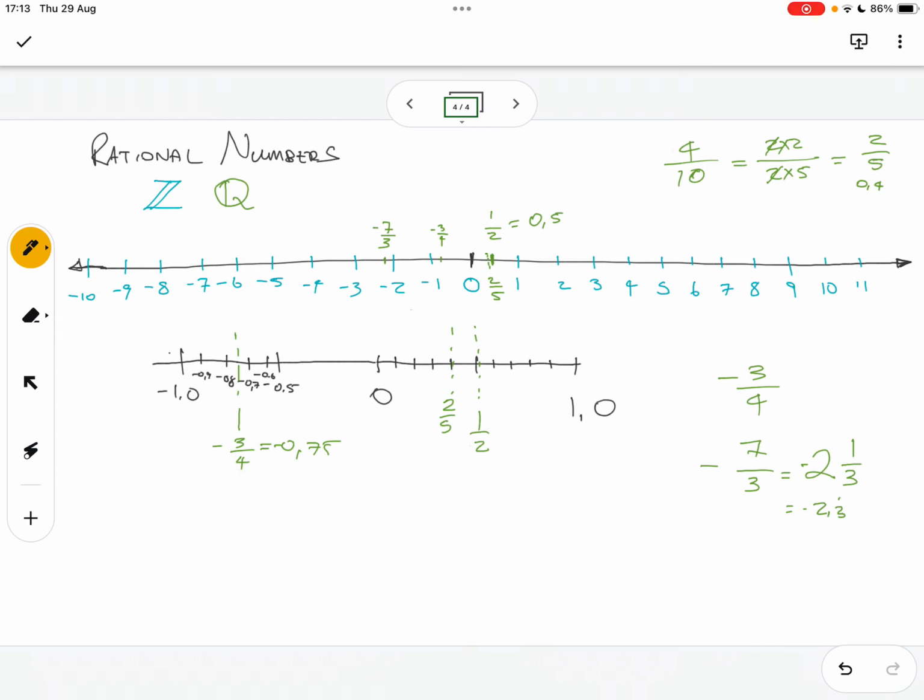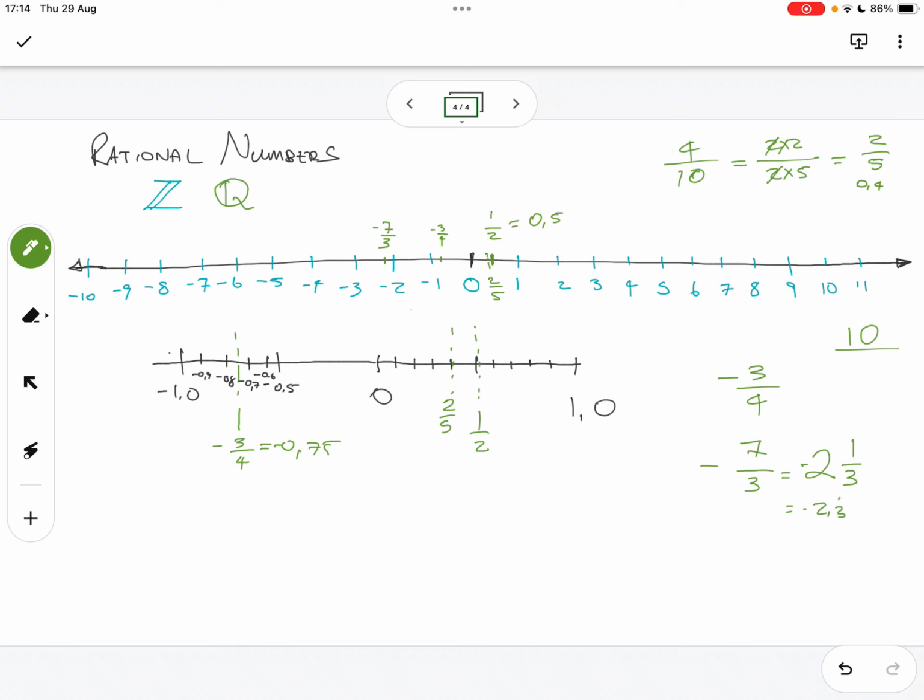Now I want to put surds and non-terminating, non-recurring decimals, right? So let's take the rational number 10 divided by 4. Or rather, let's divide it by 3.